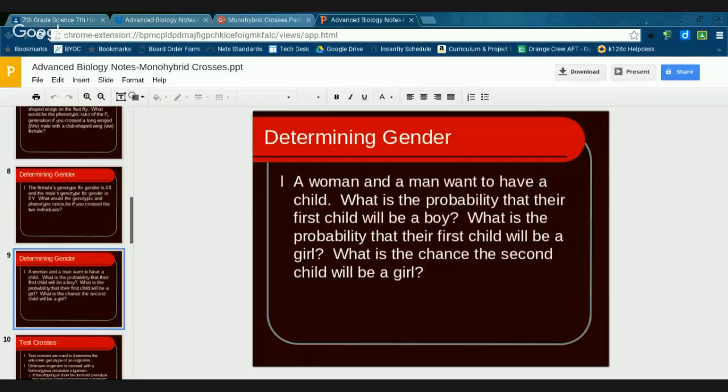So if I don't tell you, they always have that 50-50 shot, but depending on what they have previously, sometimes that can alter their probability chances.